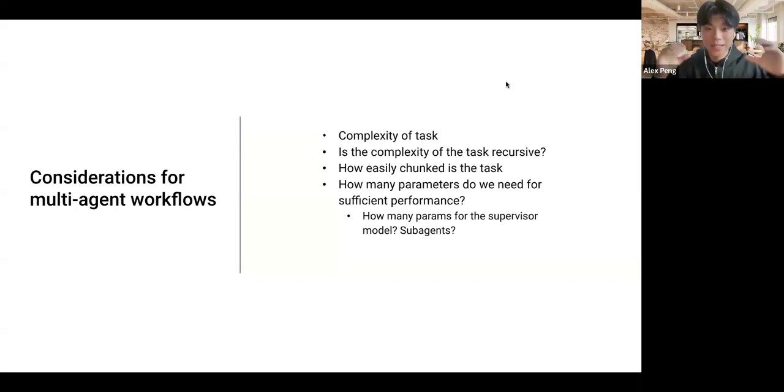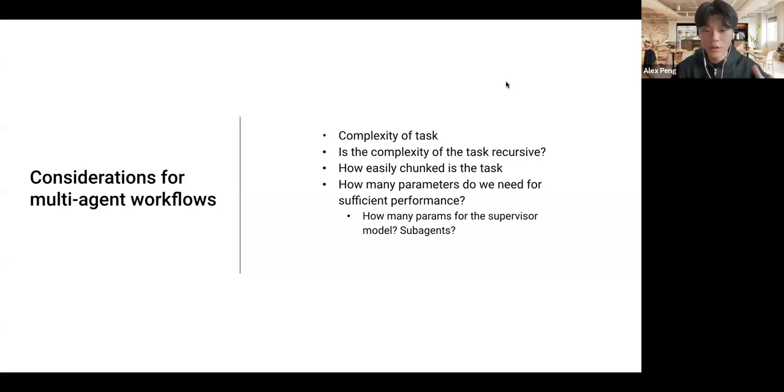And if you can break down your task into those sub pieces, and measure performance in your task by the performance in each sub piece, then you're starting to get to a problem that might be well suited for a multi-agent workflow, right?